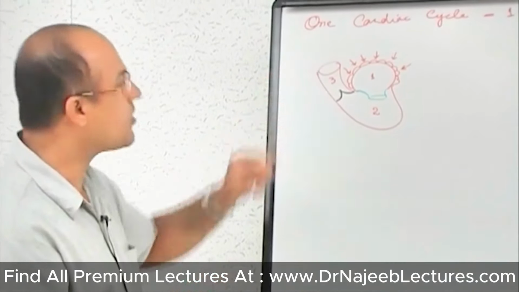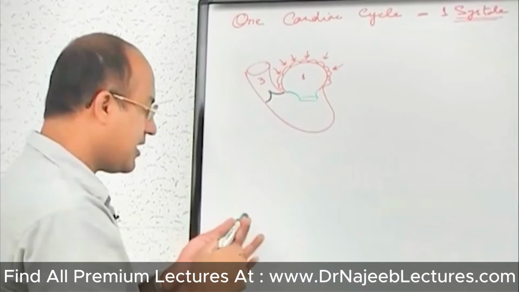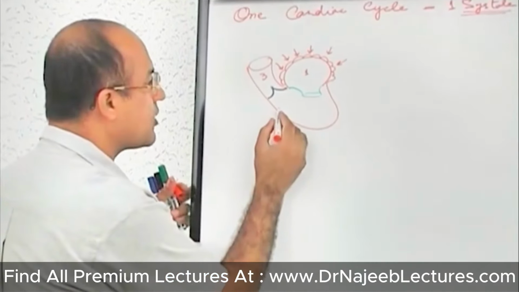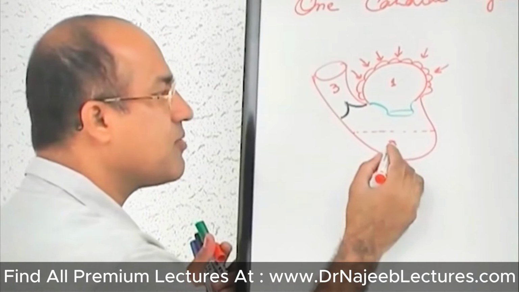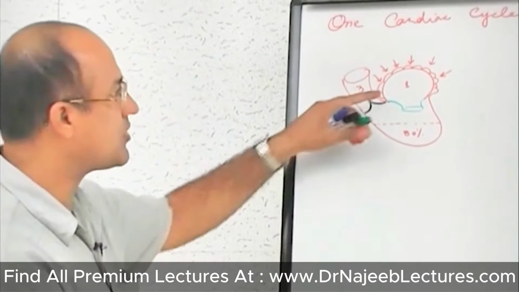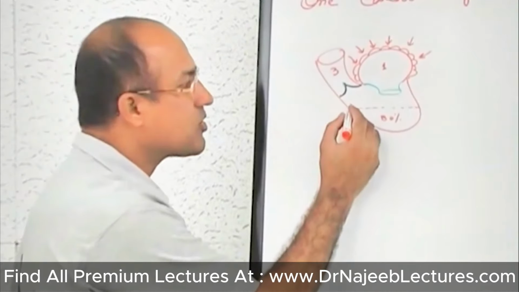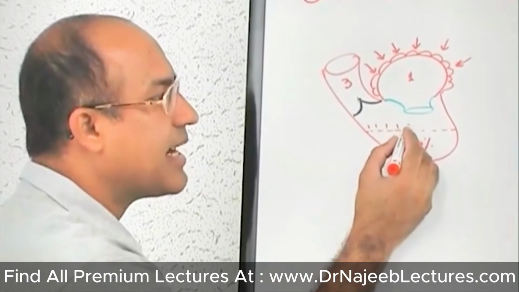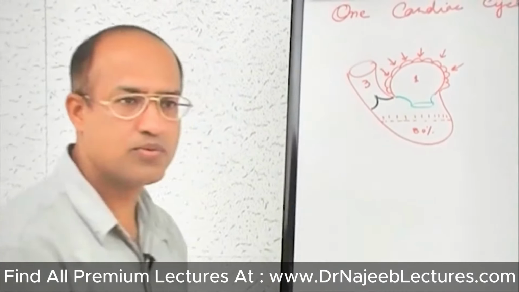Is that right? Now, before the atrial contraction starts, about 80% of ventricular filling is already done. It means that atrial contraction, when it occurs, just adds the last 20% of ventricular filling.